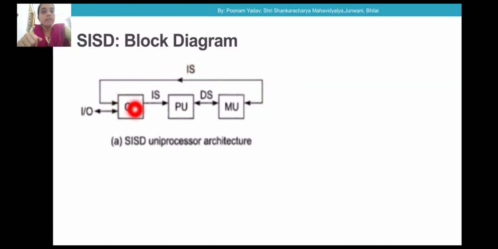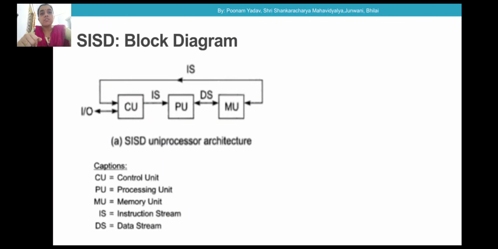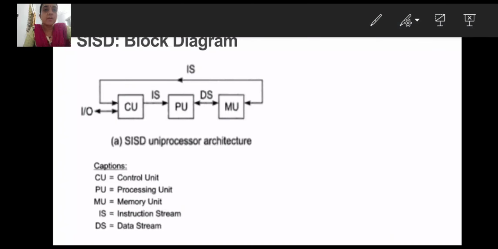Here the processing element works on single data and single instruction. CU means control unit, PU is the processing unit, MU means memory unit, the instruction stream is written as IS, and DS is the data stream. So this is a uniprocessor architecture.